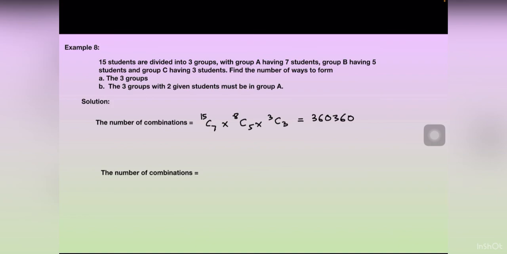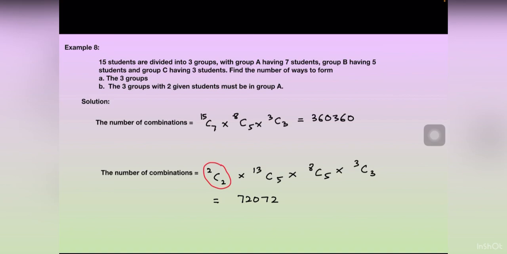(b) The 3 groups with 2 given students who must be in Group A. Group A has 7 students, and these 2 particular students are among these 7.